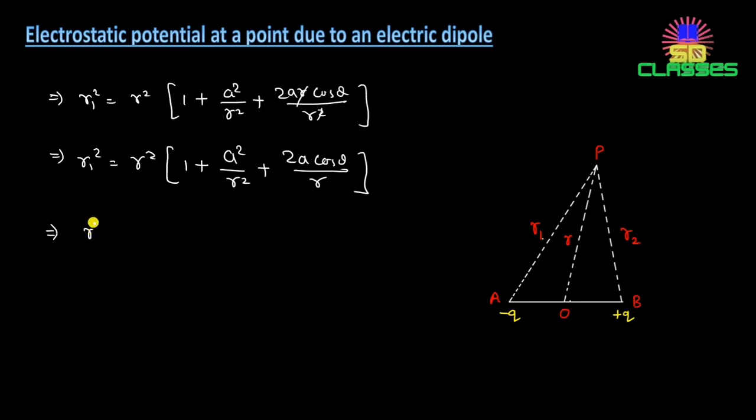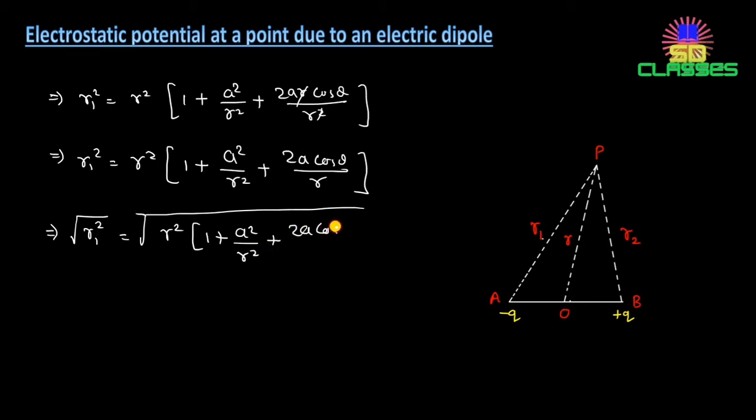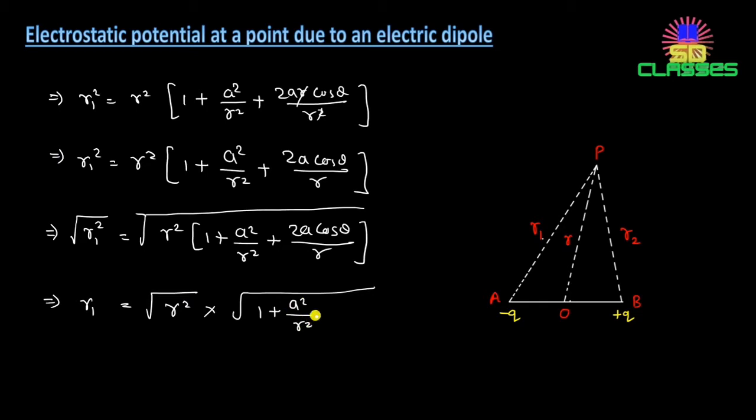Taking root on both sides, this can be written as r1 equals root over of r square into 1 plus a square by r square plus 2a cos theta by r.